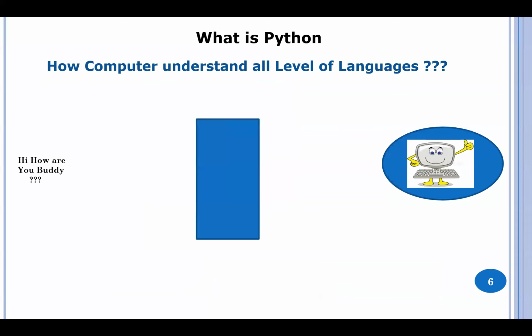Now, after that, as I already explained to you, a machine will understand only binary language or machine language, 010101.